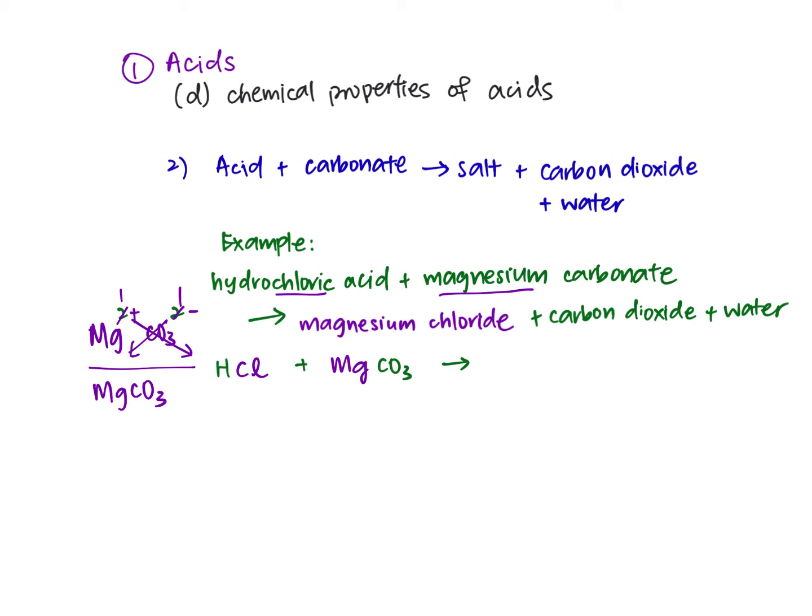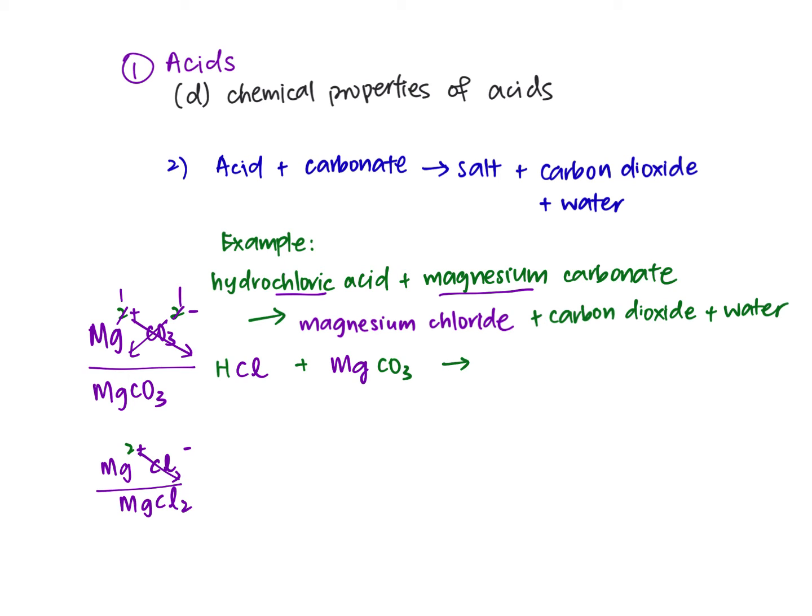Next, magnesium chloride: Mg 2 plus and Cl minus, both of which you can check on the periodic table for their charges.